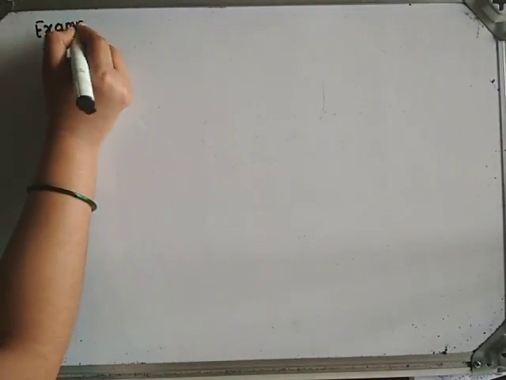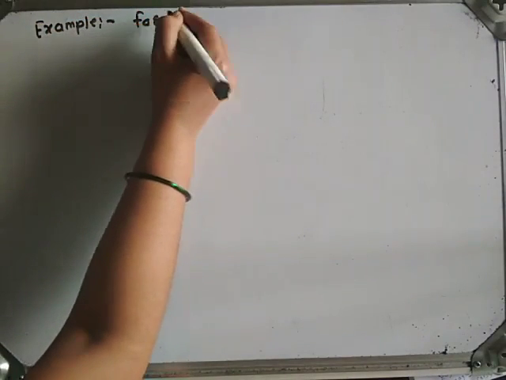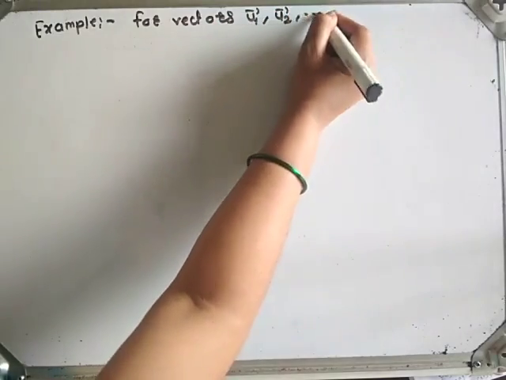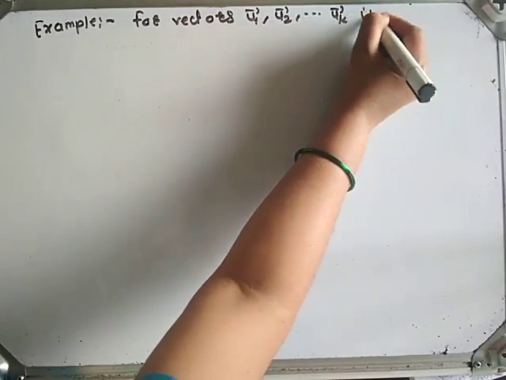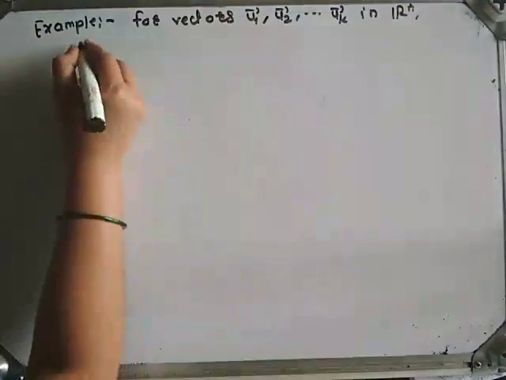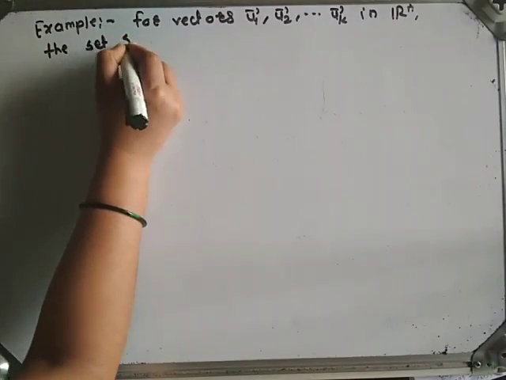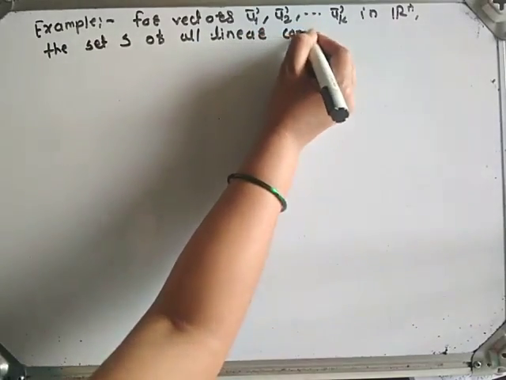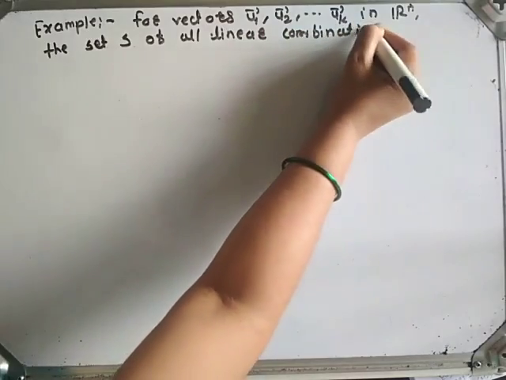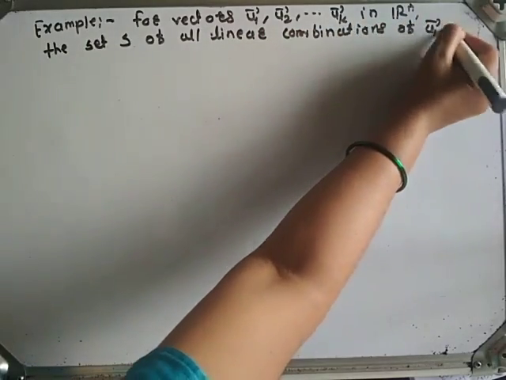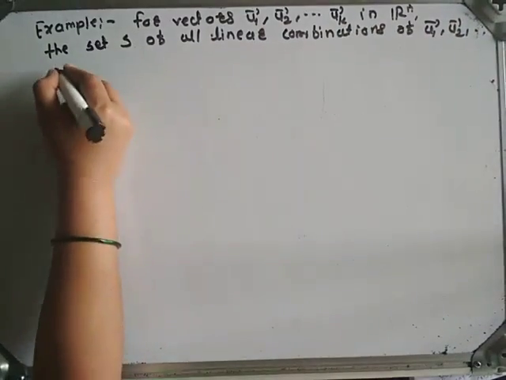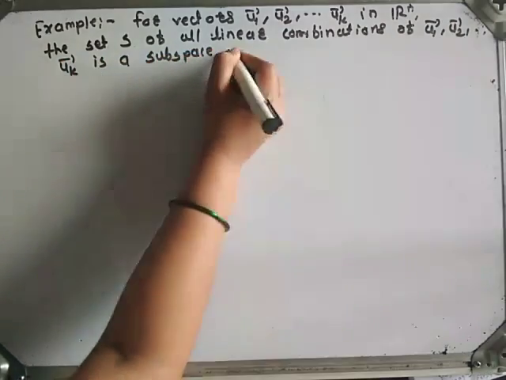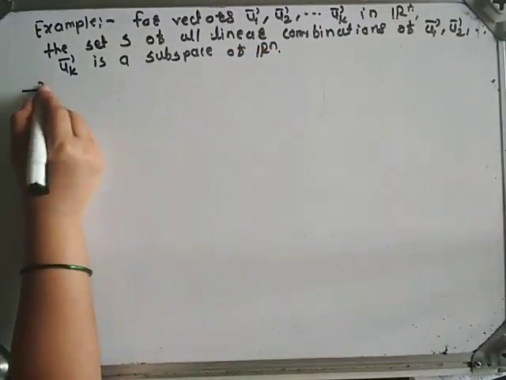Example: for vectors u1 bar, u2 bar and so on up to uk bar in Rn, the set S of all linear combinations of u1 bar, u2 bar and so on up to uk bar is a subspace of Rn. Okay.